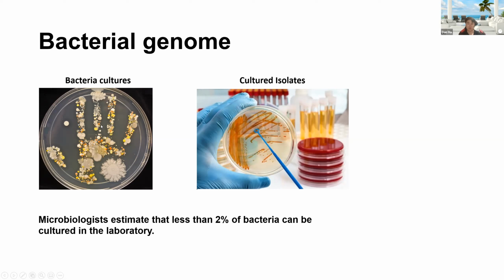So you get to isolate them, and you can spread them on another Petri dish like this and isolate the cultures. But the disadvantage of this culturing method is that less than 2% of bacteria can be cultured. So the remaining 98% of the bacteria is still out there to be sequenced.